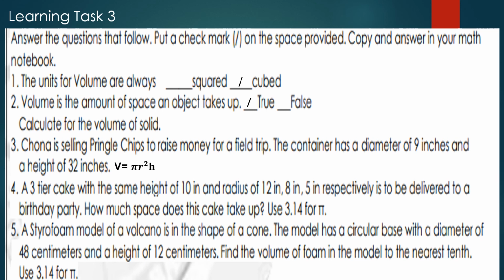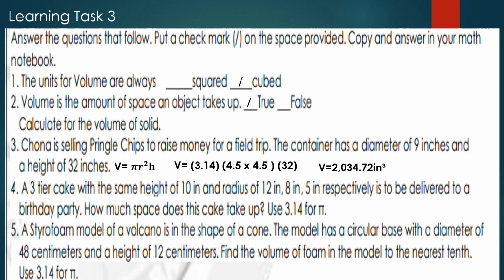So, ang formula muna to find the volume of cylinder is pi r square times height, in which yung pi ay 3.14. Ang radius natin is kalahati ng 9, which is 4.5. Multiply natin sa 4.5 ulit kasi squared. Then, yung ating height is 32. Multiply lang natin lahat yan. We got the volume of the container is 2,034.72 cubic inches.